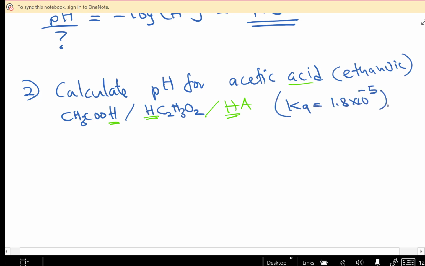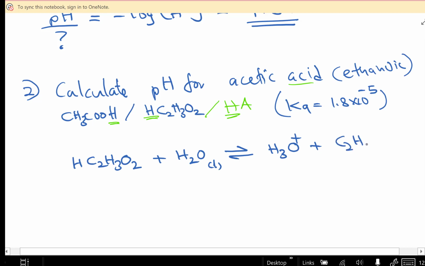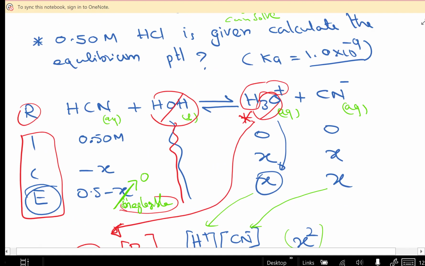Now Ka value is 1.8 times 10 to the minus 5, given. Now, if I write the formula the normal way, HC2H3O2, H2O liquid, H3O plus hydronium, and the anion, right? So I can simplify: HA, H plus, A minus, so simple in that way.